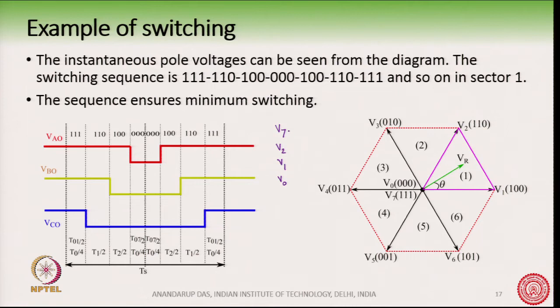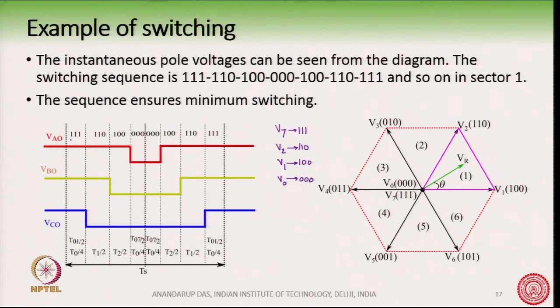So, V7 means 111, and then V2 is 110 and V1 is 100 and V0 is 000. So, if we realize by switching these 4 vectors, how will the pole voltage look like?